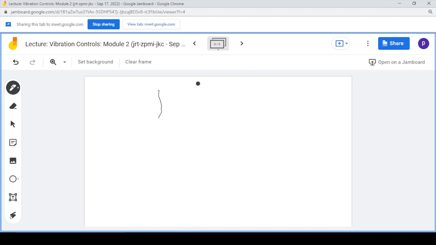So I think we should stop now, because drawing a graph on this Jamboard is very difficult. It requires a tab.